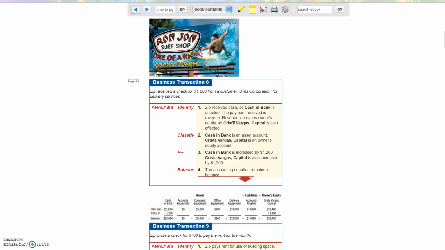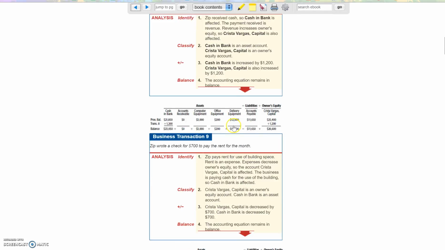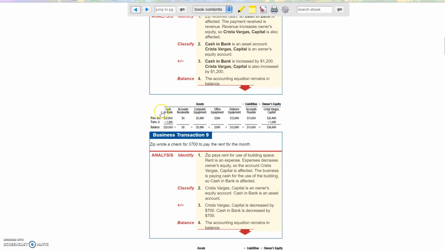Classifying them, cash is an asset, Krista Vargas is owner's equity. Cash is going up because we received a check, and since it's a revenue transaction, capital, or owner's equity, is going up. So how does our equation stay in balance here? We have the increase to cash on the left side of the equation, and on the right side of the equation, we have the capital or owner's equity account going up.